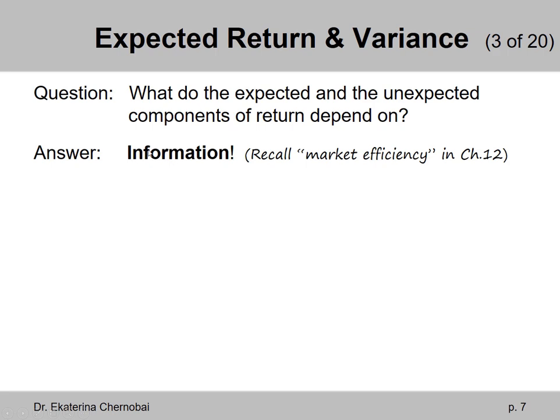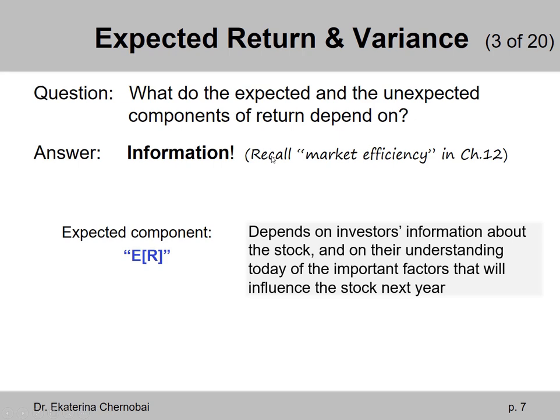Like a company posts on its website that it has just made a deal with another company to merge or something like that. So anything like that, whether it's a good or a bad announcement, it will immediately affect what investors think about where the company is heading in the future. If they think that it's positive news, then they will be willing to pay more money to buy the shares of stock, right?